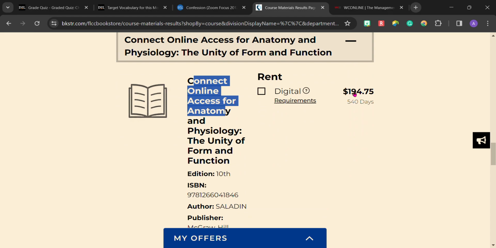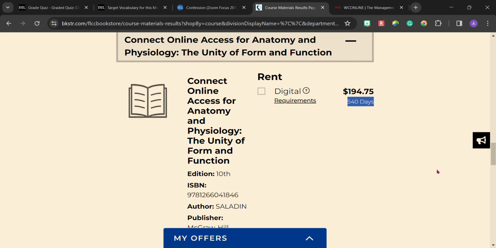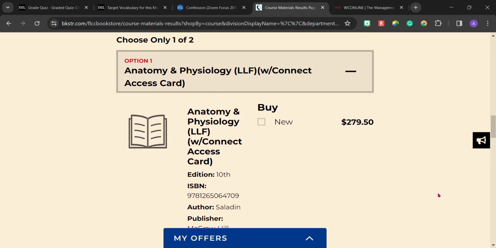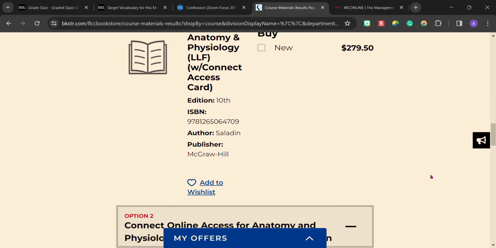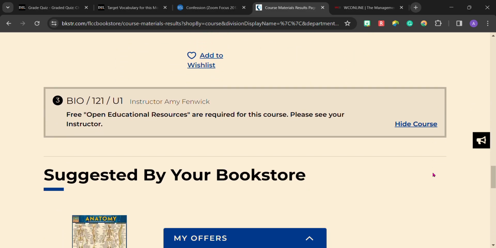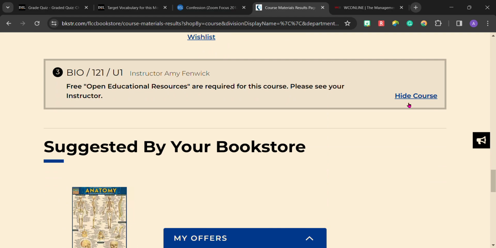And this is now $200. One thing to consider is that online access is only available for a certain period of time, and that if you purchase the loose leaf, it will always be available to you unless you burn it, which I actually did to many of my books when I was finished with college.